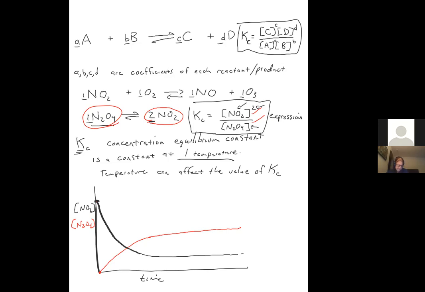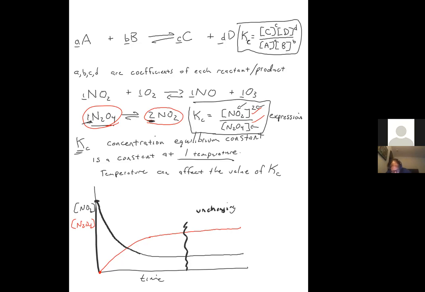Okay. Now notice the NO2 kind of changed more rapidly than the N2O4 because it's a 2-to-1 ratio. We don't need to worry about that right now. But the point is that once you're out here, see how they're not changing? These are unchanging. Again, it's still dynamic equilibrium. They're still reacting with each other. It's just that the overall ratio isn't changing.